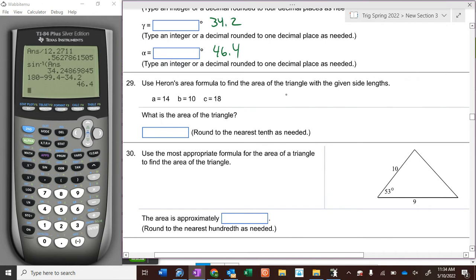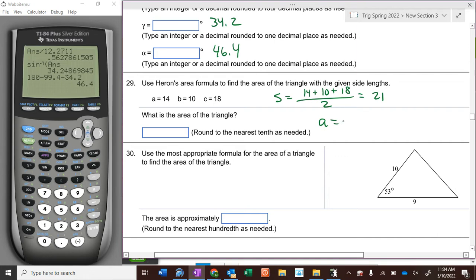Okay, Heron's formula. Heron's formula is S equals A plus B plus C all divided by 2. 14 and 10 is 24, and 18 is 42 divided by 2 is 21.